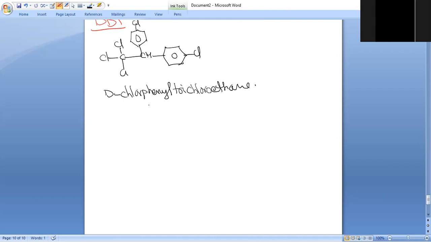Diphenyl will be considered. So the full name is dichlorodiphenyltrichloroethane.